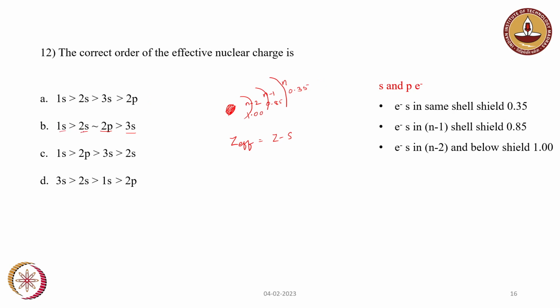Second will be 2s and 2p, because in Slater's rule we consider the rule for both s and p. If they are in the same shell, both will have the same effective nuclear charge, and 3s, which is further away from the nucleus, will have lesser effective nuclear charge. So option B will be the answer.